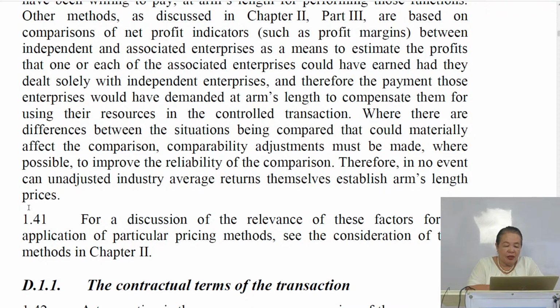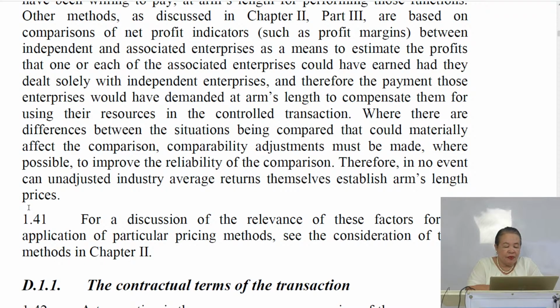Therefore, the payment those enterprises would have demanded at arm's length to compensate them for using the resources in the controlled transaction. So, in the arm's length principle, this is solely for purposes of paying taxes. But in actual practice, so many strategies can be done by these related parties.